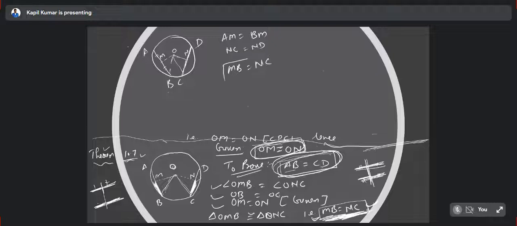You got it? So if we got that these two parts are equal, and these are the half of this full AB, we can say that 2AM is equal to AB.